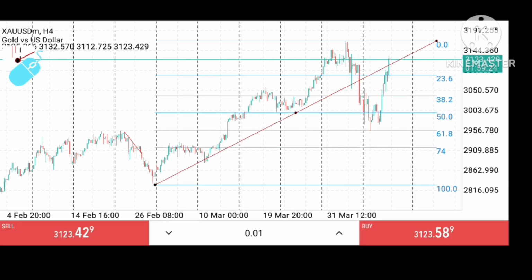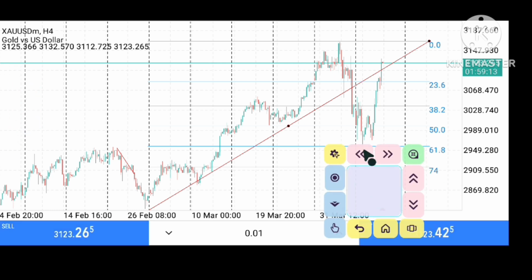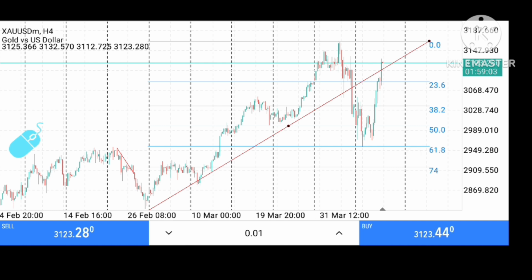Now when you are looking at this, let's say you saw price rallied up to this point and then price started coming down. Once price reaches this 618 here, you should be buying the market, and there's a confirmation here. Let me show you.